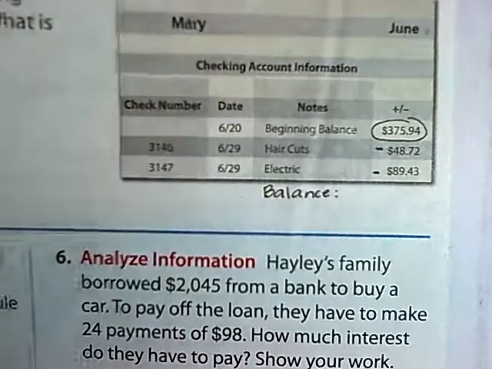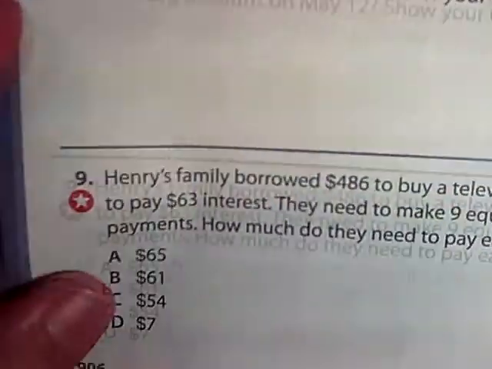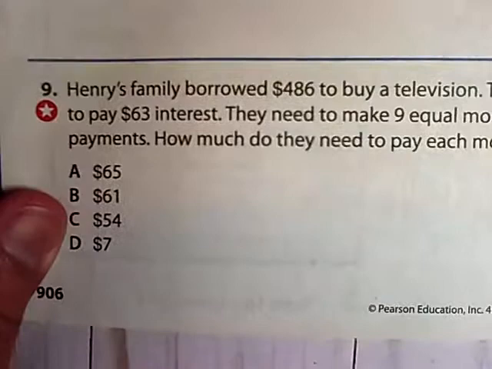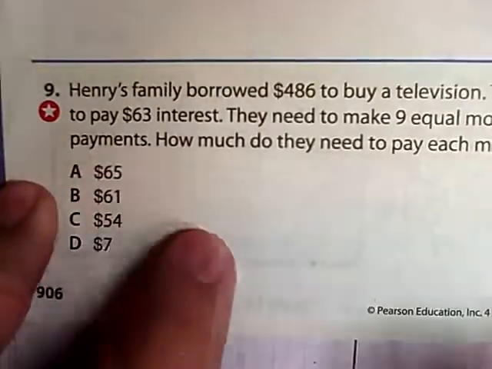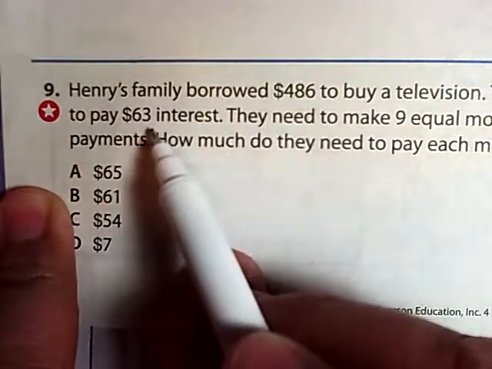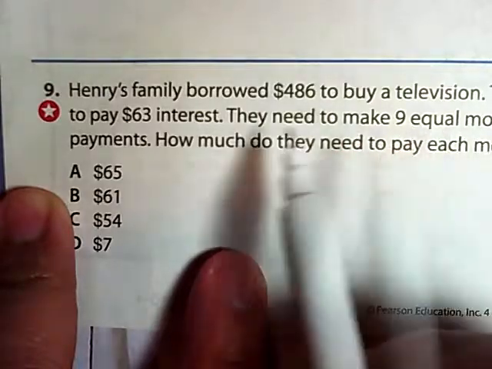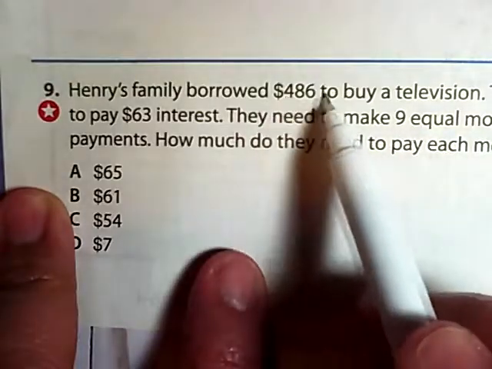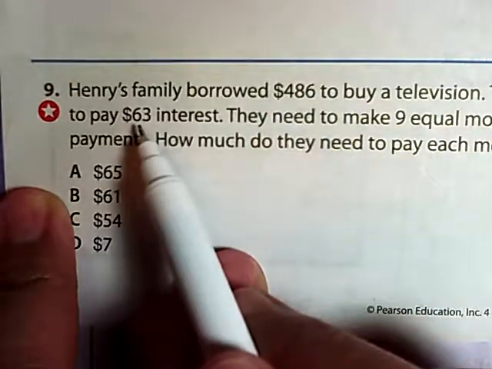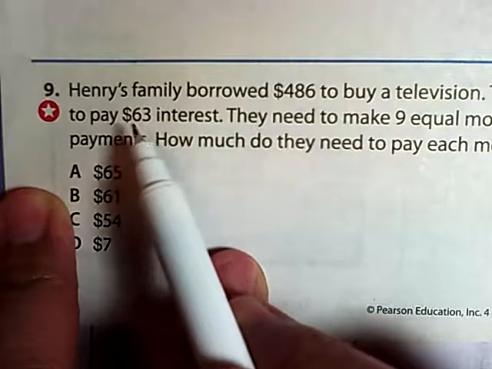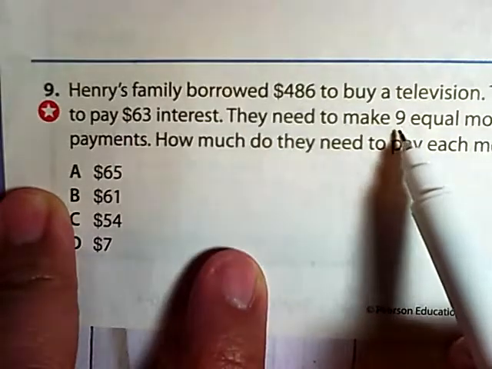Now, on number nine, again, this one is a loan, where they have to pay interest. They need to make non-equal monthly payments. So you're going to take this amount and add the interest that must be paid. And when you get that, you divide that by 9.